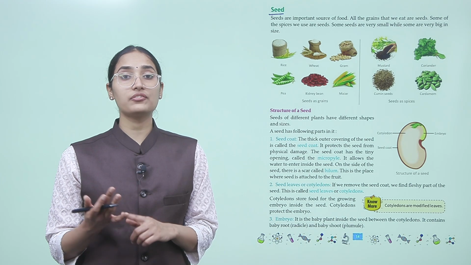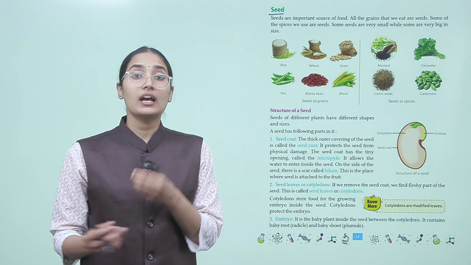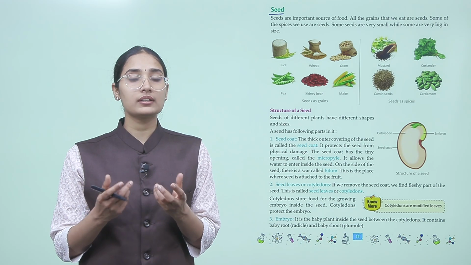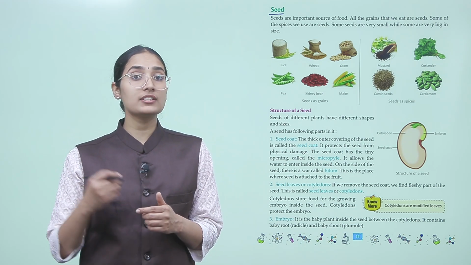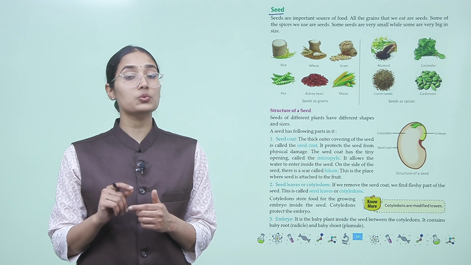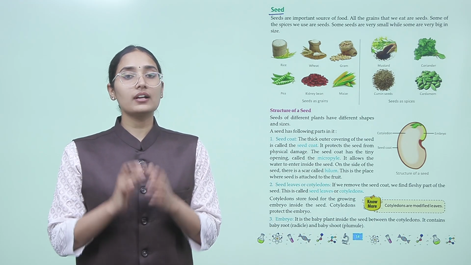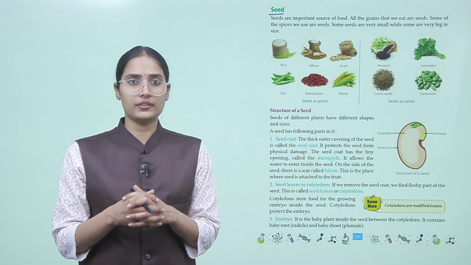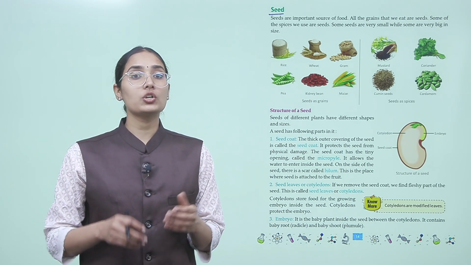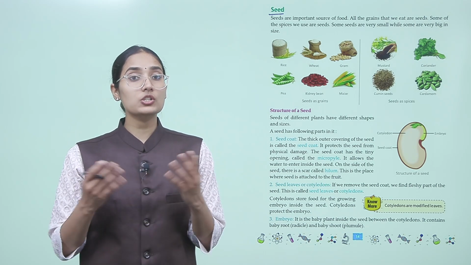For example, if we talk about chapati, chapati comes from wheat, and wheat is a seed. Then if we talk about dal, we consume dal with chapati. Dal is itself a seed. There are a lot of things that we consume that mostly come from seed only. Let's say we talk about jeera or mustard, that is also a seed.